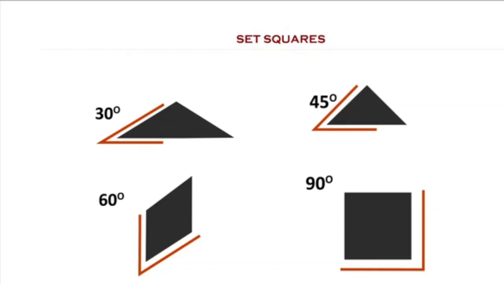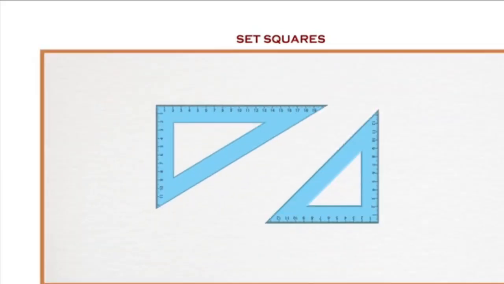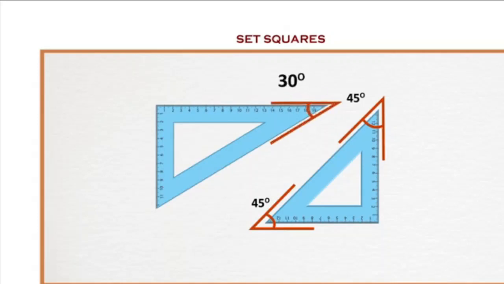Set squares are of two types depending upon the angle. The first one is when both the angles are 45 degrees, and the second type is the one in which the angles are 30-60. These two types of set square are used to draw lines which make an angle with each other.